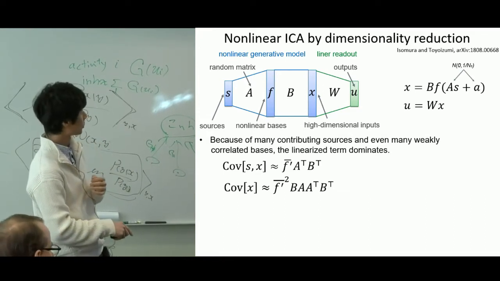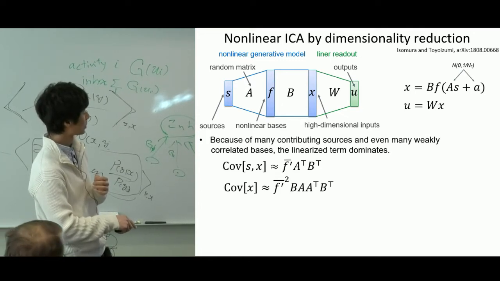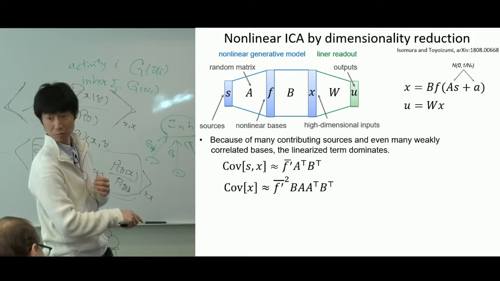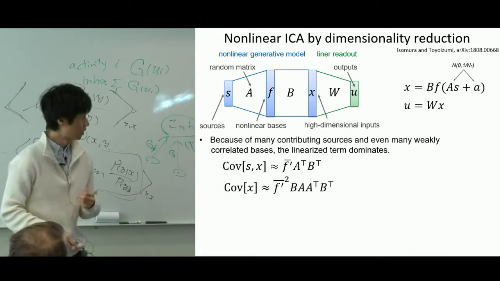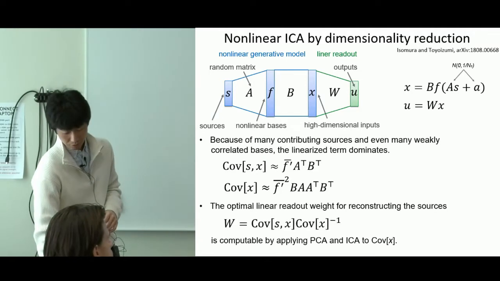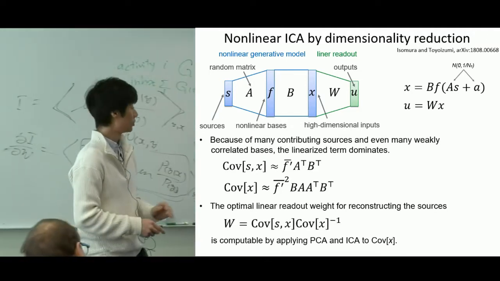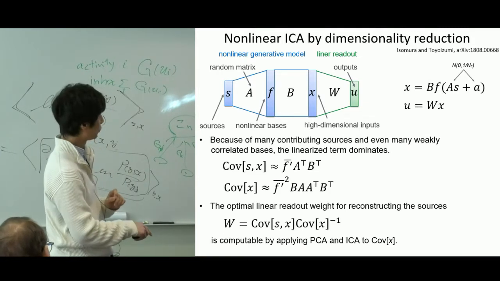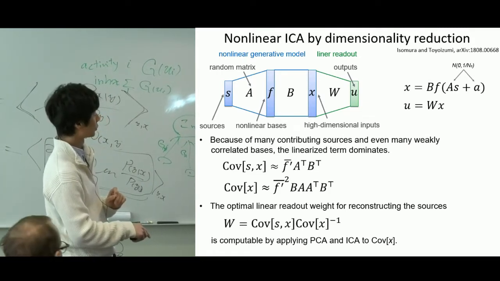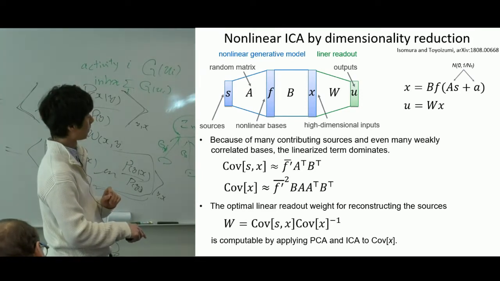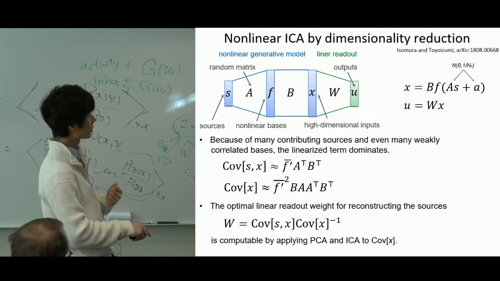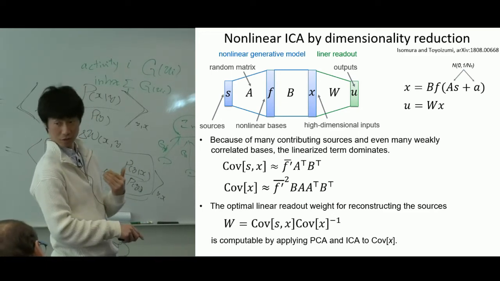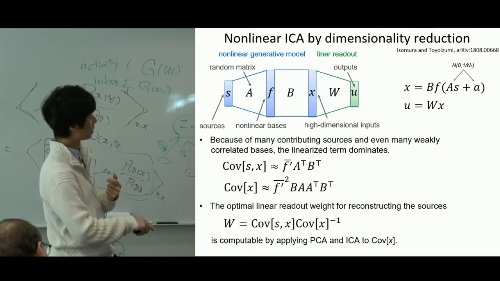Using that feature, you can also compute that this input covariance is dominated by a linear component. So this is a linearized component. In this condition, we can compute a linear decoder function, W. This is the optimal linear decoder to extract S from observed X, and that is simply computed like this.